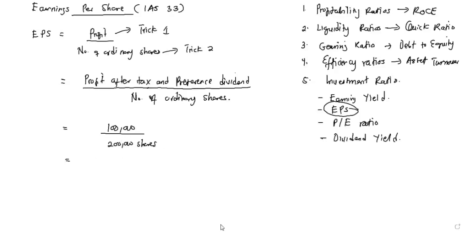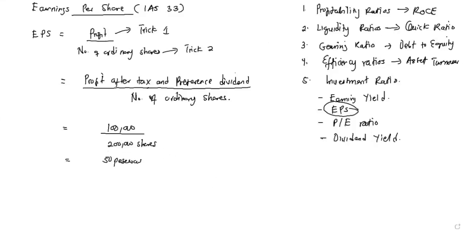If your internet is good, you can tell us. Just 0.5. It is 0.5. So that's 50 pesos. Most of the time, earnings per share are usually quoted in pesos. So 0.5 cedis will be equivalent to 50 pesos.